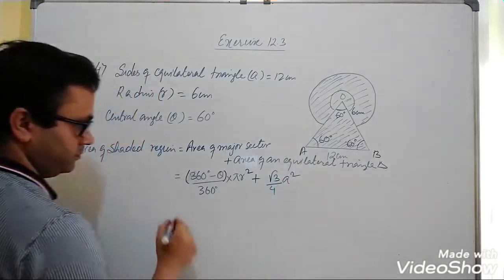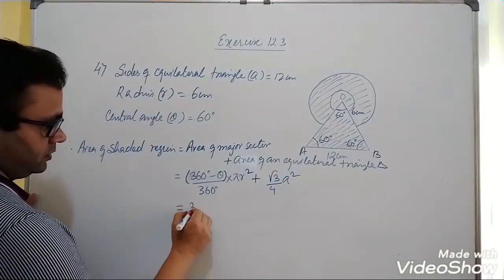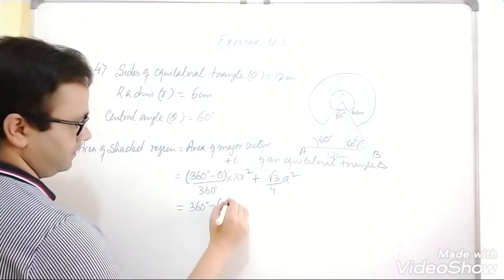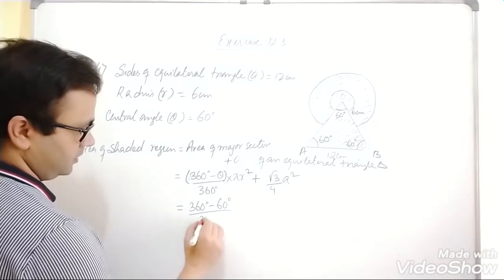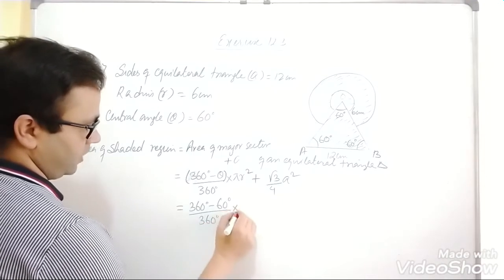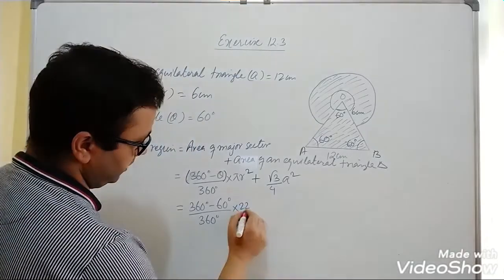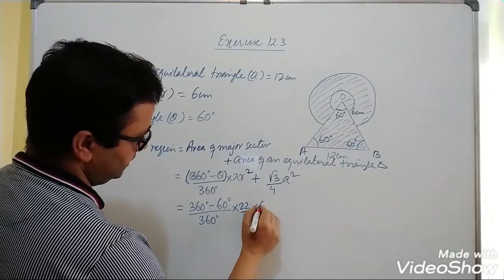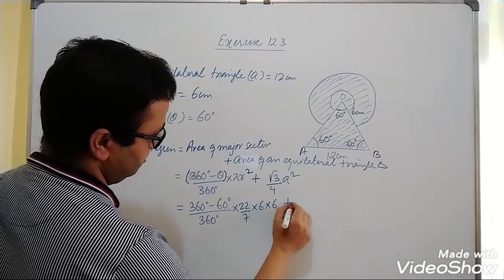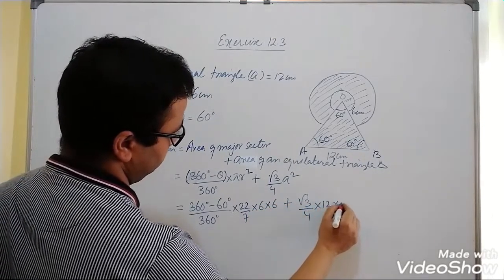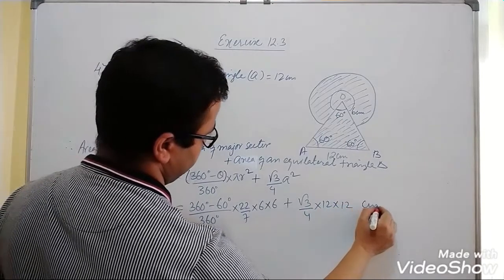Now put the values. 360 degree minus 60 degree divided by 360 degree, into pi which is 22 by 7, into radius 6 into 6, plus root 3 by 4 into 12 into 12 centimeter squared.